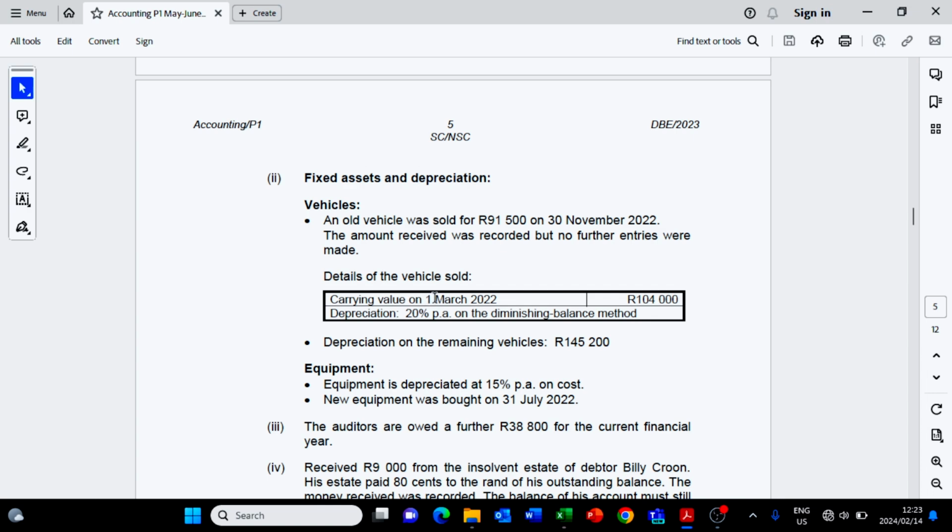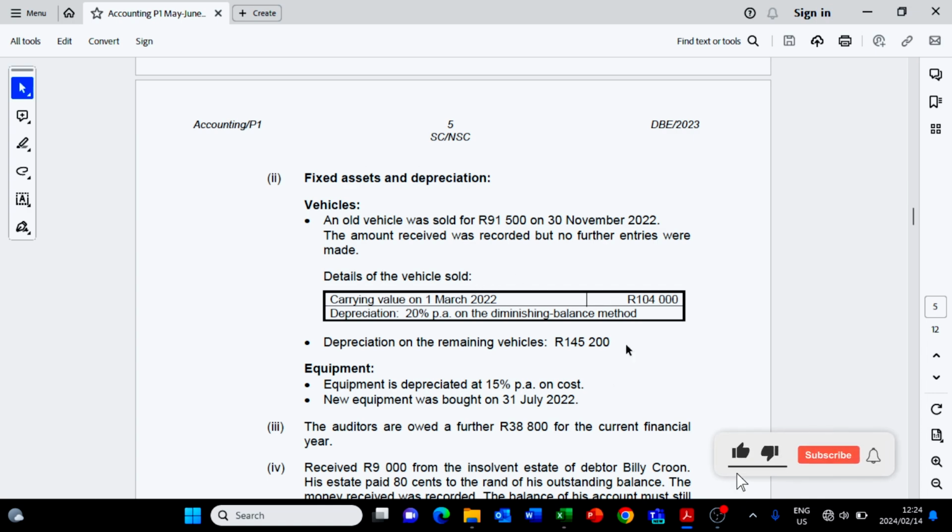We start from the beginning of the year, March, April, May, June, July, August, September, October, November. Because it was sold on the 30th of November, we are going to count November. So it's 9 months, meaning that it only spent 9 months this current year.